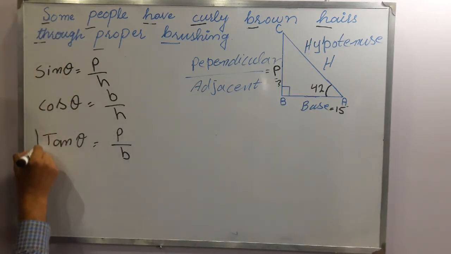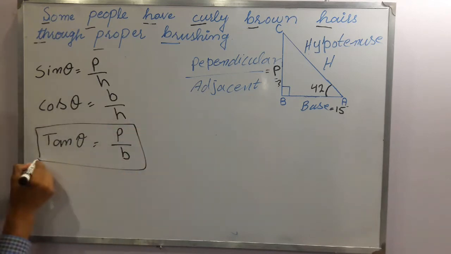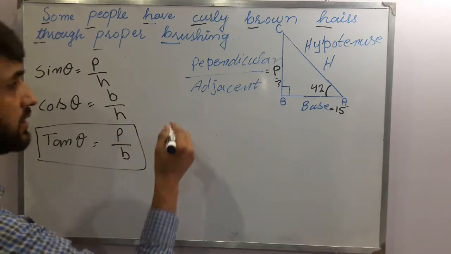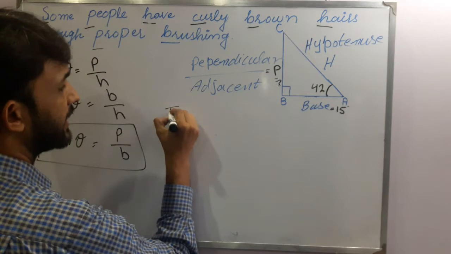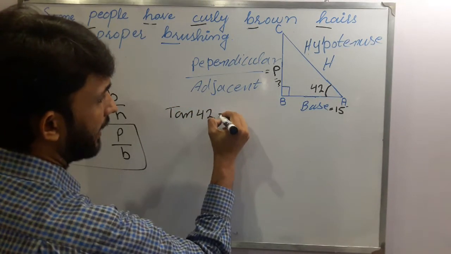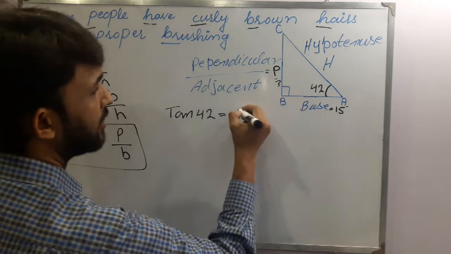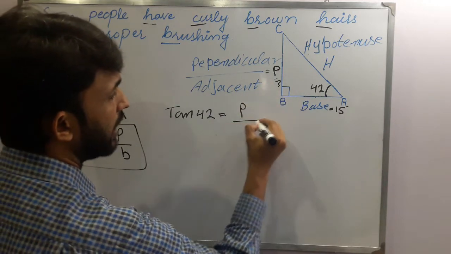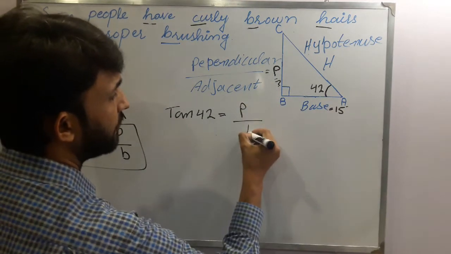This is tan theta, which has perpendicular and base. So we will use tan theta. Theta is 42, the perpendicular is not given so we have to find it, and the base is 15.